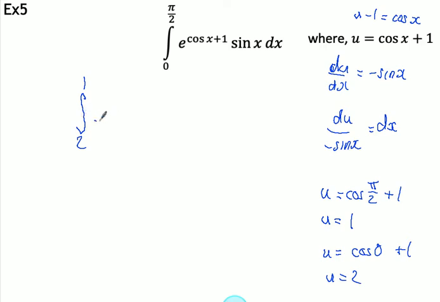So e to the u, and then can't write sine x just yet, but dx luckily is du over negative sine x. So they cancel out. I then need to make sure that I'm looking at the negative. So it's e to the u du.